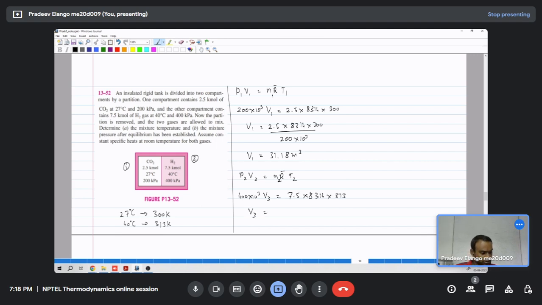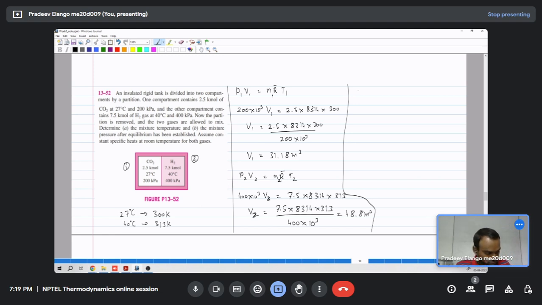So we can calculate the value of V2: 7.5 times 8314 times 313 by 400 times 10 to the power 3. This is 48.8. Sorry, it is supposed to be V2.